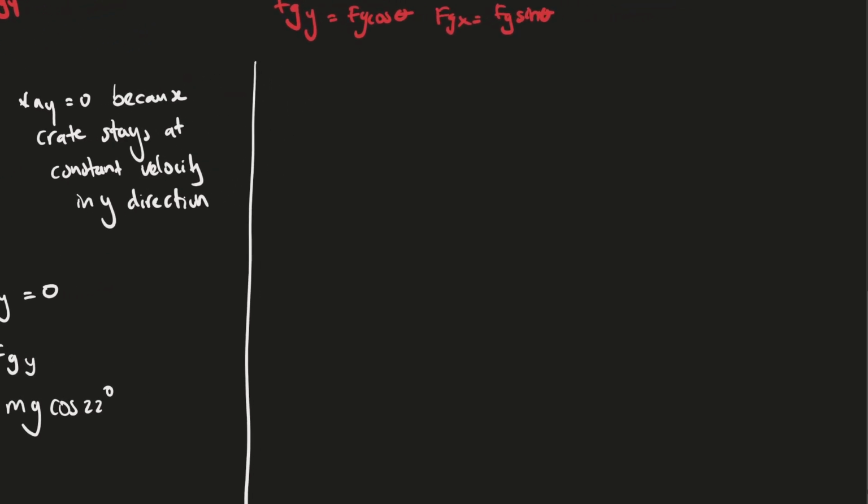So here, the summation of the forces in the x direction is equal to max, okay? And similarly, ax is equal to 0 because the crate is pushed at a constant velocity. Constant velocity means that the acceleration is 0.